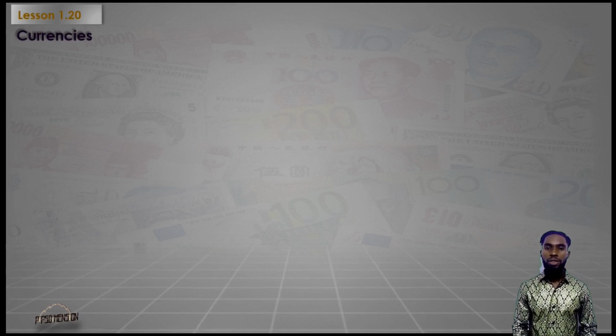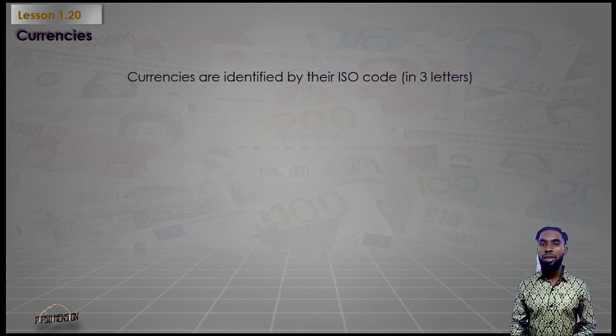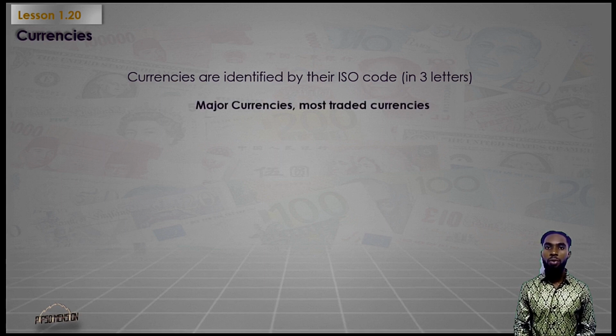In forex, you have the opportunity to trade with a lot of different currencies in the world. You can identify these currencies by a code from the International Organization for Standardization, that is the ISO code, which is usually 3 letters. But here in the market, some currencies are traded more than others.